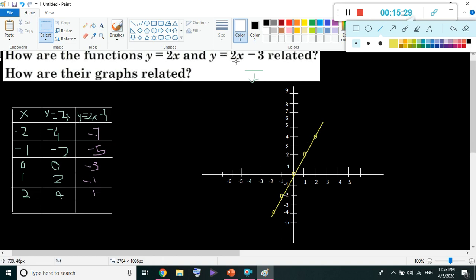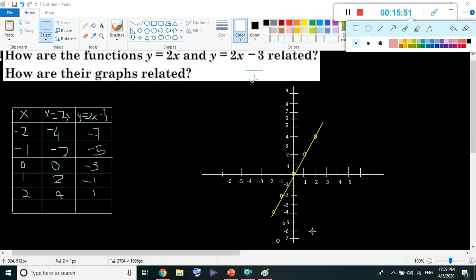Now let's see y equals 2x minus 3. Minus 3 is going to be like moving 3 units downward. So let's use another color to graph y equals 2x minus 3, which is negative 2, negative 7, over here. Then negative 1, negative 5, over here.